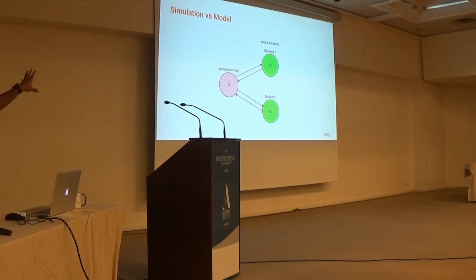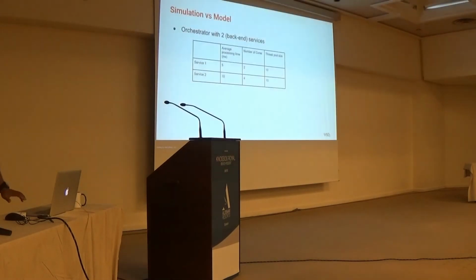This is the same use case which I have been talking about, but the backends are implemented in the simulator. For this you can use something like OMNeT++, or there was another one named SimPy, I can't remember the name. Then you have to give the average processing times, the number of cores, thread pool sizes, and so on.